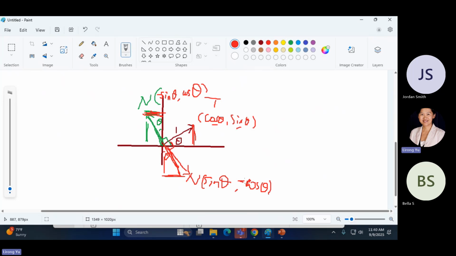So your normal vector could be negative sine, cosine. You switch x and y, make one of them negative. This is switch x and y, make the x negative. This is switch x and y, and then the y becomes negative. One way or the other, these two normal vectors I'm drawing are both perpendicular to that tangent vector.